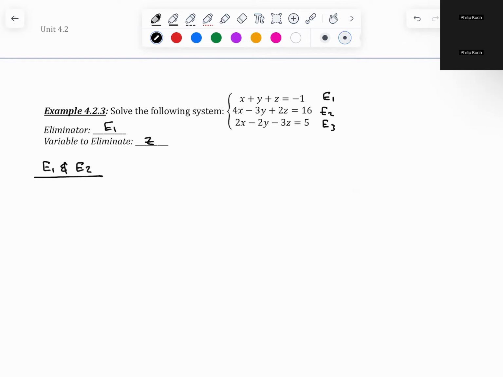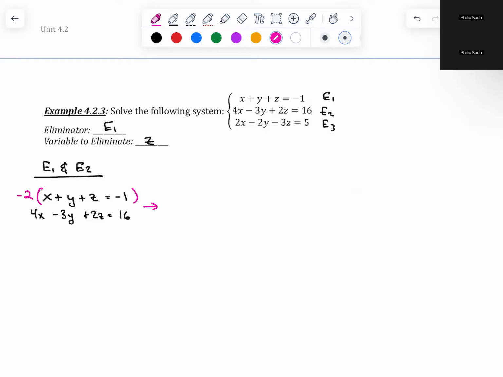We'll stack them on top of each other. So X plus Y plus Z equals -1. And E2 is 4X minus 3Y plus 2Z is equal to 16. So they already have the same sign. They're both positive. So I'm going to need to multiply my eliminator by just a -2. Multiply by -2.